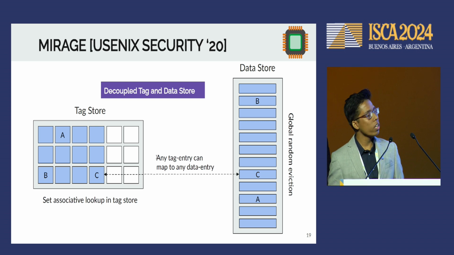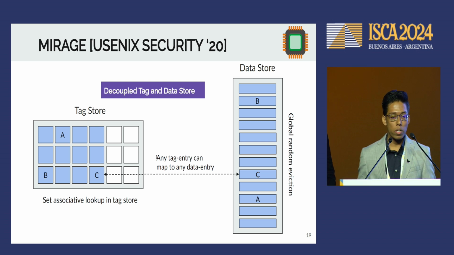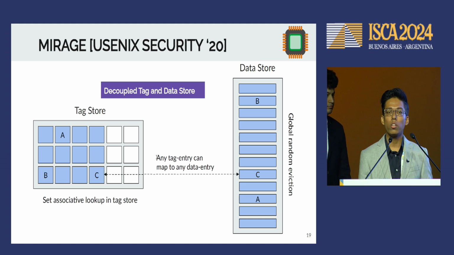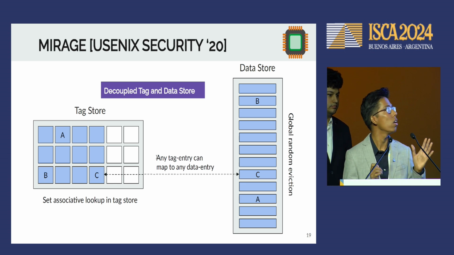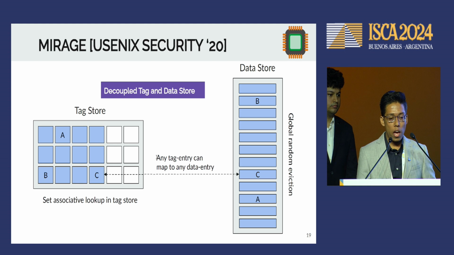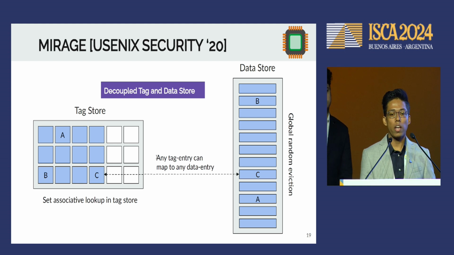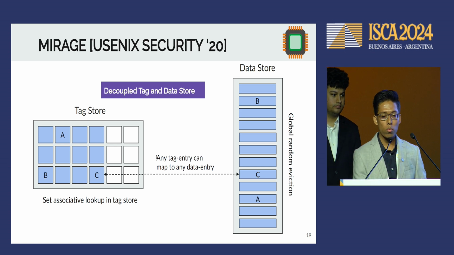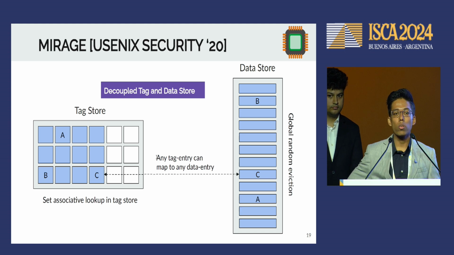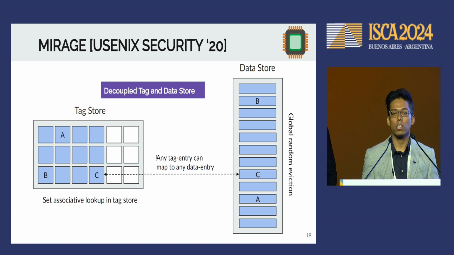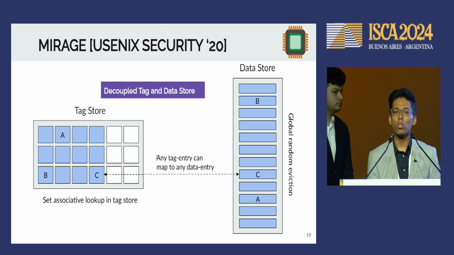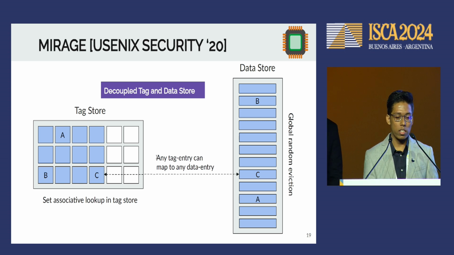In 2020, there was a proposal named Mirage in USENIX Security, which suggests that you decouple the cache into something called a tag store and a data store, and give extra entries in the tag store. What's happening here is you have a tag store where there's no set mapping as such, so it's like a fully associative cache. And then you have a set associative tag store where the lookups are set-based, and there's also a randomized mapping for those sets.